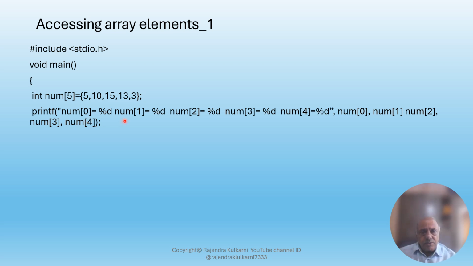Then num[1], num[2] and num[4]. In this way, if we try to display the values held by an array, this printf statement will work on the array, take out the values from the array and display those values on the screen.